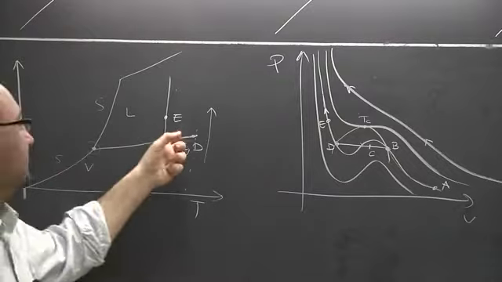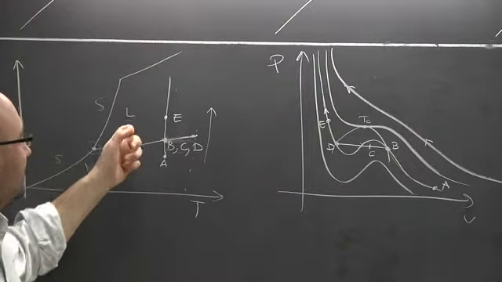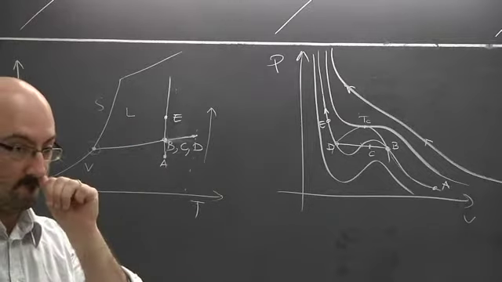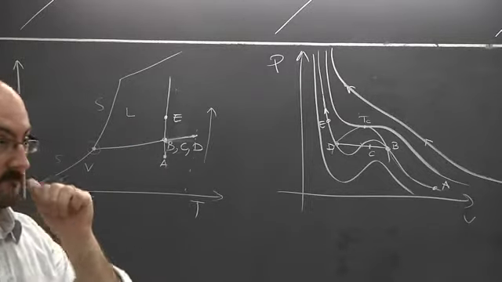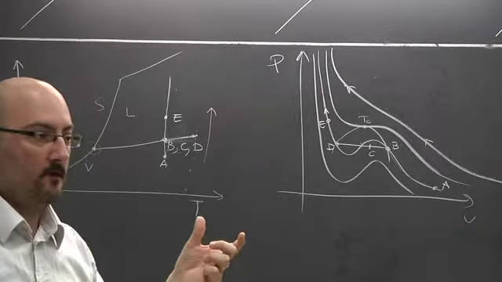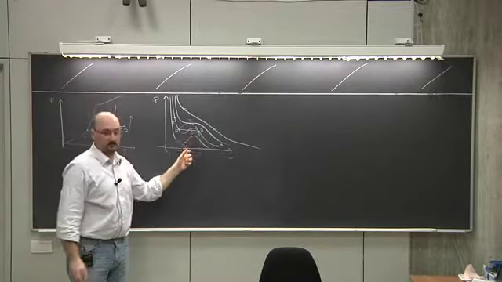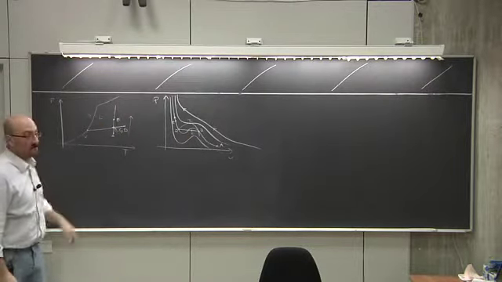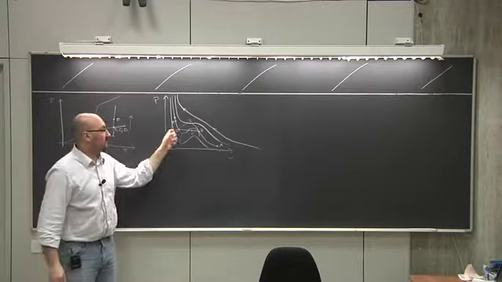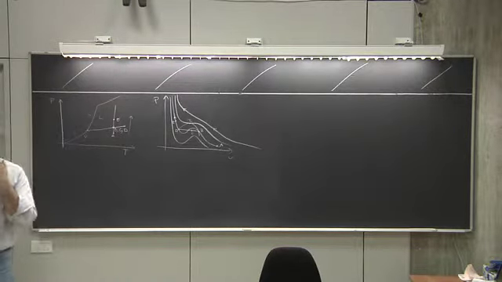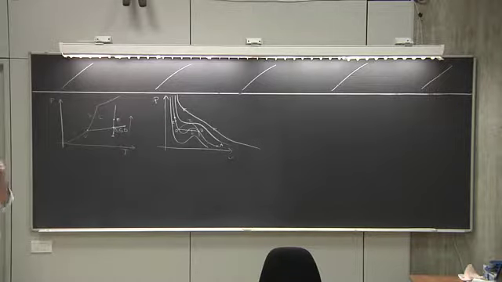On this line, there is both liquid and gas. The precise amount of liquid and gas depends on the volume, which is not a variable in this axis here. But you can see it over here. Okay?